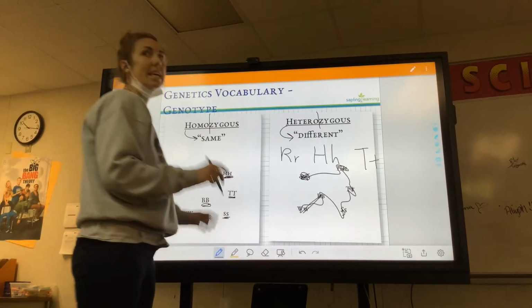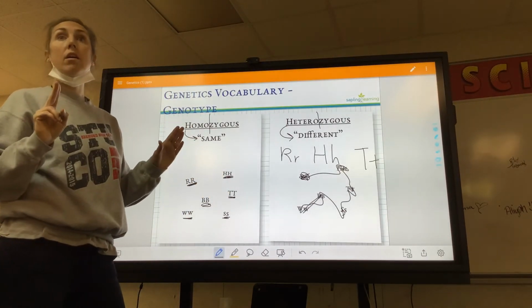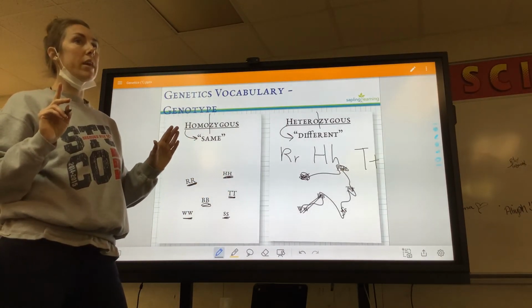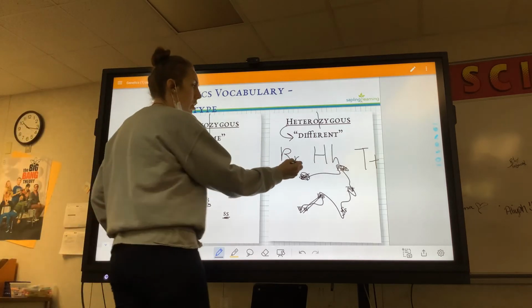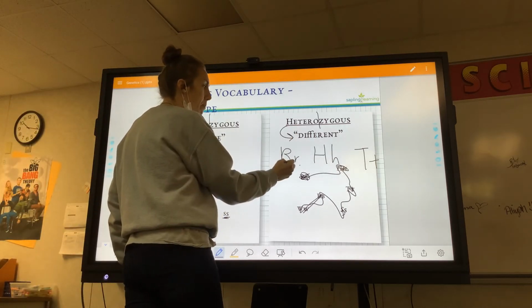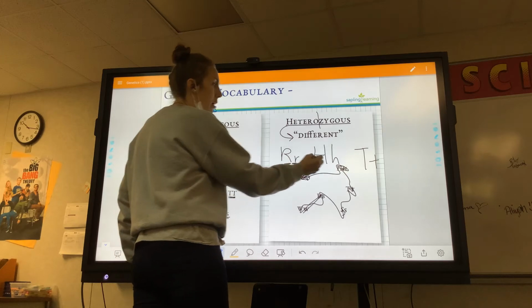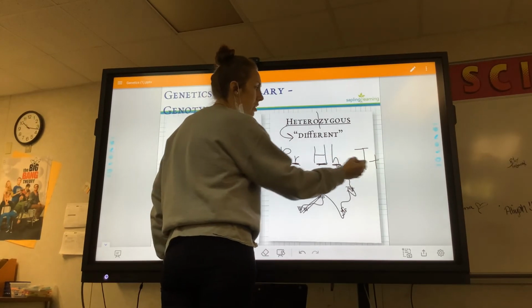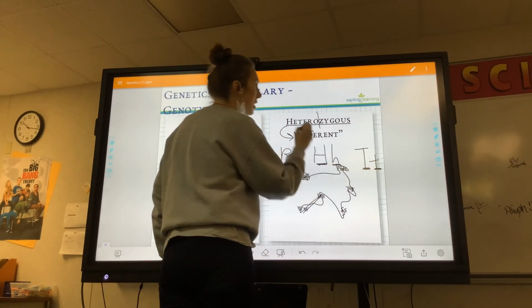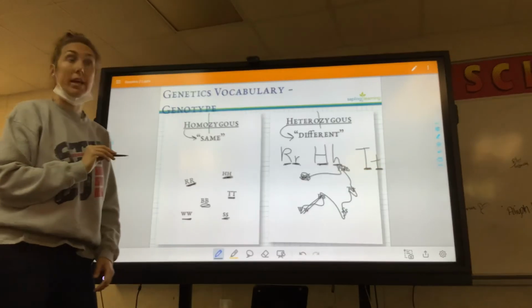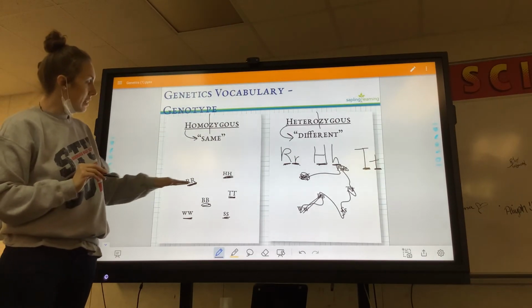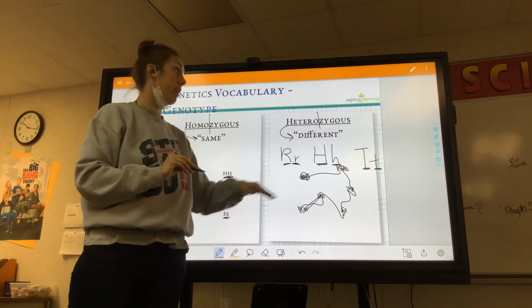Okay. Yes, these are all the same letter, but are they exactly the same? Are they a cut and paste of each other? They're different. Big R is different than little r. Big H is different than little h. Big T is different than little t. So these are called a heterocoupling. Homo couplings are exactly the same. Hetero are different. Good question.